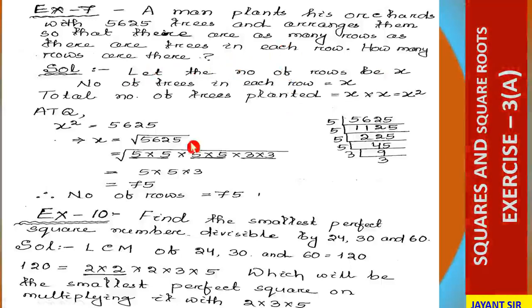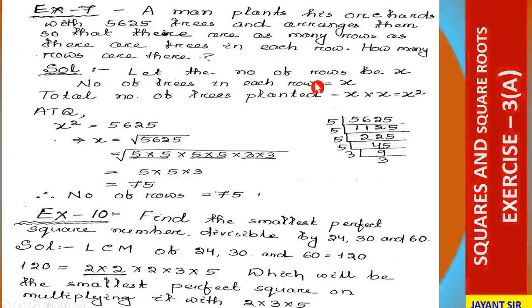Suppose there are 5 rows, that means each row will have 5 trees planted. Like that, the total number of trees will be 5 into 5 equal to 25. So the question is given, and the question asked is how many rows are there.